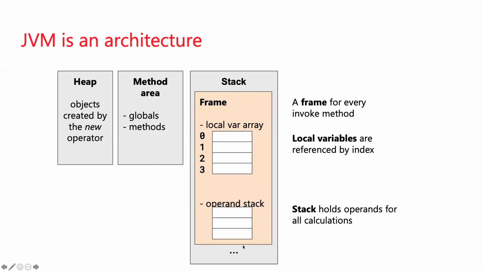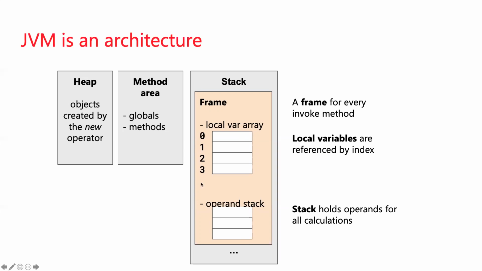Within a particular method, you also have access to multiple local variables. And that's what's being shown here. Each local variable has an index. So you might have local variable 0, local variable 1, and so on.